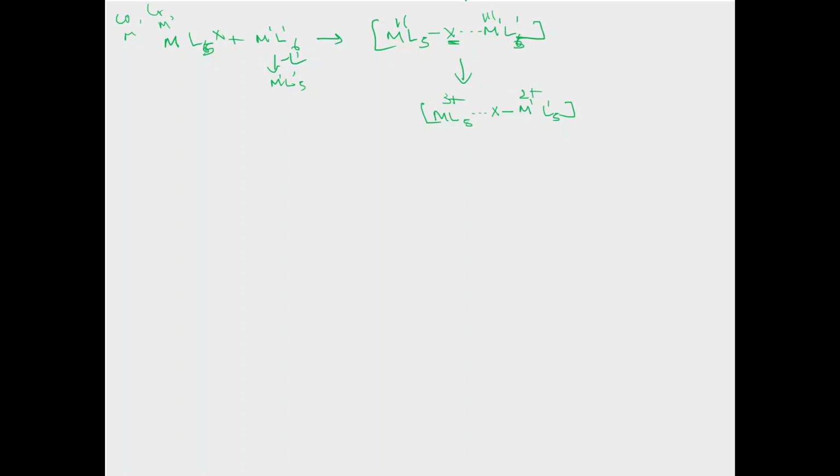So electron transfer takes place via this bridging ligand, which passes one electron onto the other metal complex. Finally we get ML5 plus M dash L dash 5 X, and this reacts with the L dash to give ML5 L dash. These will be the two products.